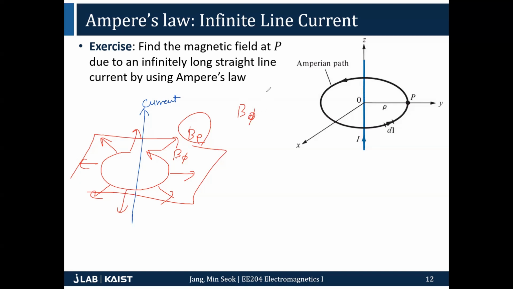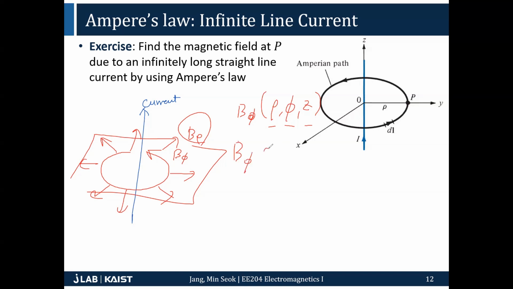And then B phi can depend on rho, phi, z. Is it actually true? Can we rule out any variable dependence here?